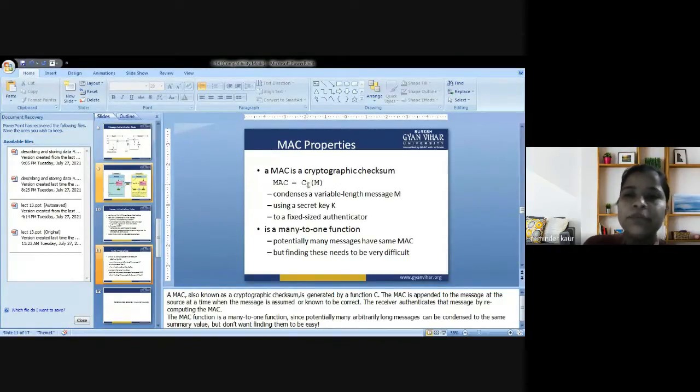So there is a message of variable length, there is a key K, and we can use that to produce a fixed size authenticator. And it is a many to one function, like potentially many messages have the same MAC, but finding these needs to be very difficult. So this was all about the message authentication code lecture.